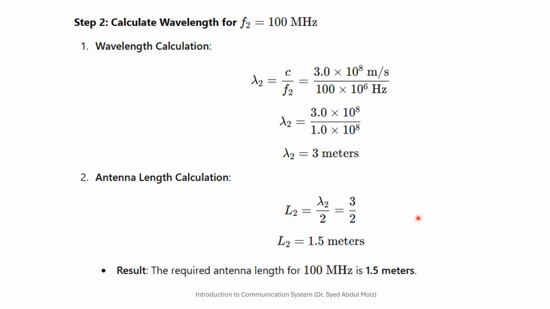So we realize that if we just shift the frequency from 5 kilohertz to 100 megahertz, our antenna size becomes highly reasonable. And this is the purpose of modulation.